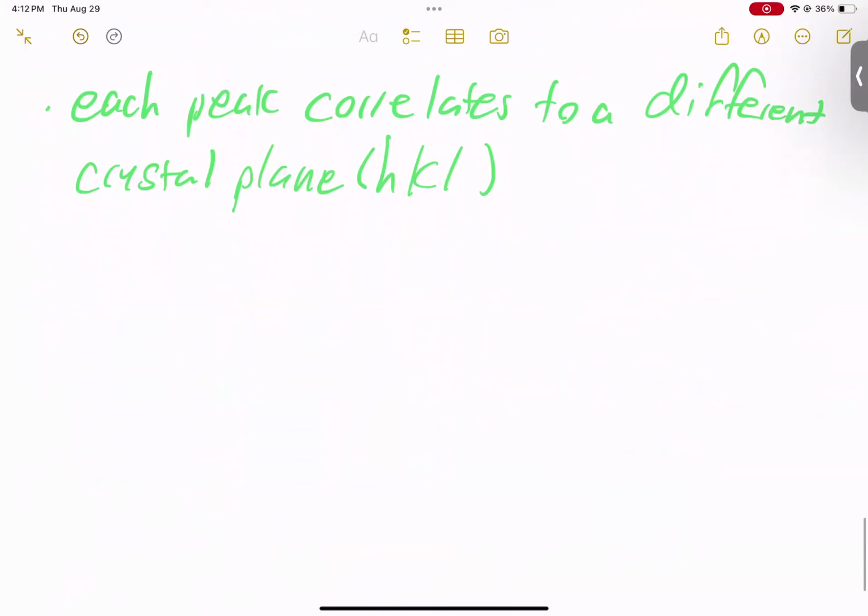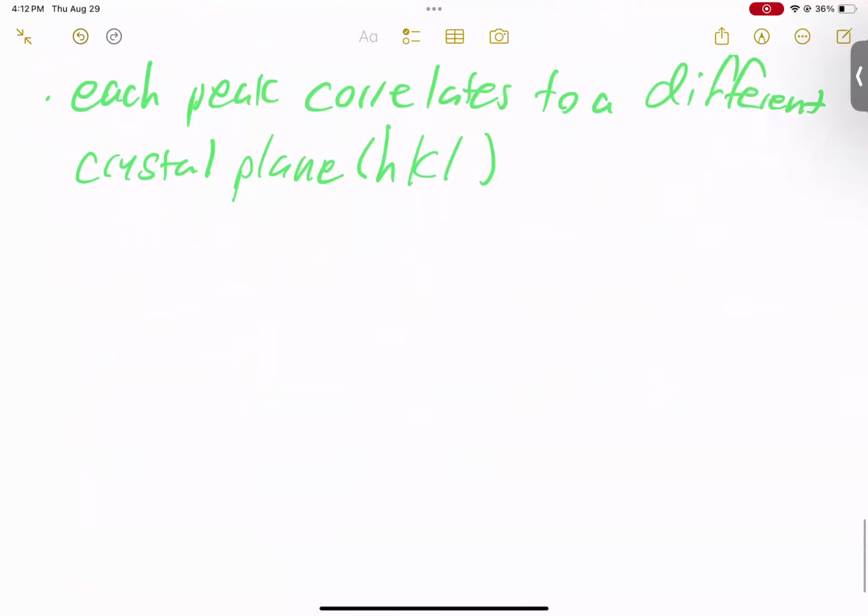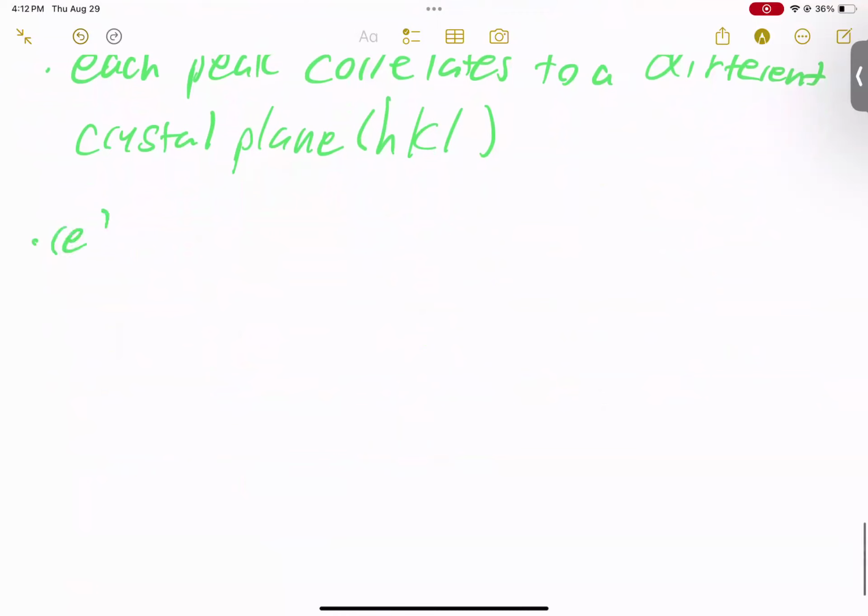Depending on the types of peaks we get, we can then determine the type of crystal structure that we have. And the reason why we can do this is because of something called reflection rules.